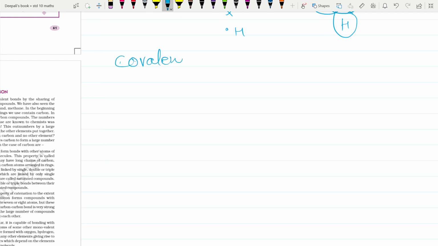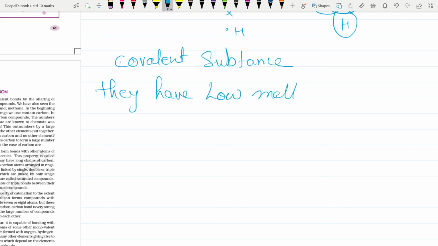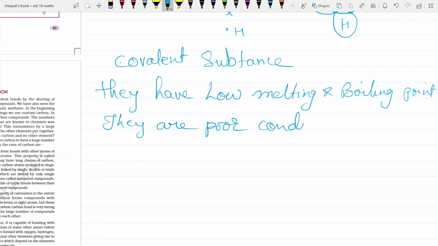So now we understand what is a covalent bond, and the properties of covalent substances are they have low melting and boiling points, and they are poor conductors of heat and electricity.